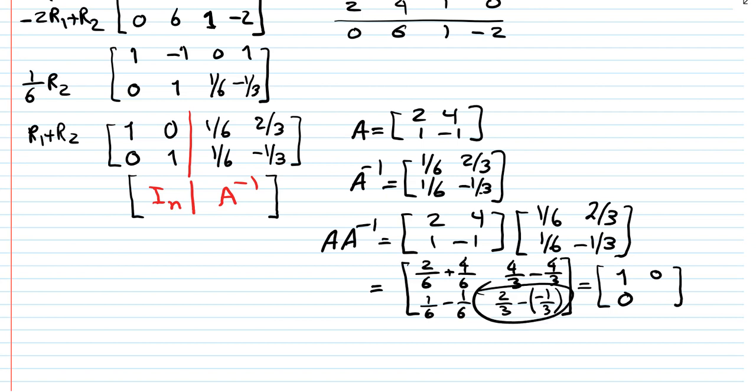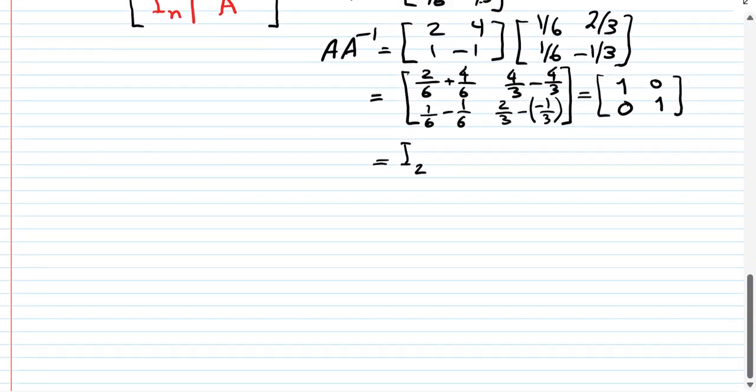And the second row, second column, -1/3 is a third, 2/3 and a third makes 1. And here we have it. Finally, we get the outcome we were expecting. We get an identity of order 2. And that should always be the case if we have found indeed the correct inverse.